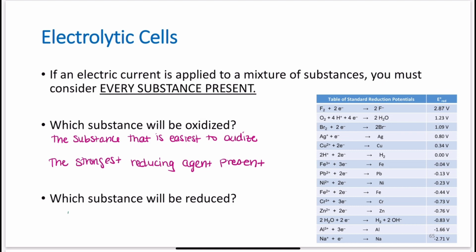Well, just the opposite. The substance that's easiest to reduce, which is the strongest oxidizing agent present.